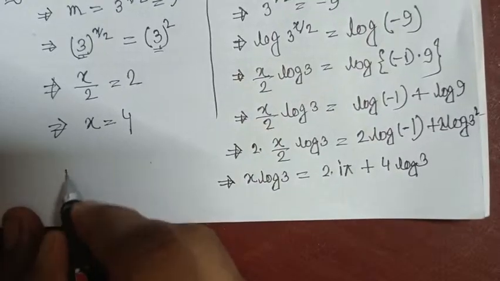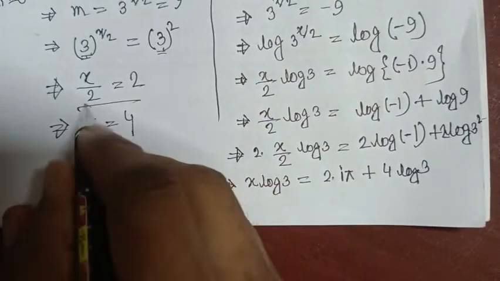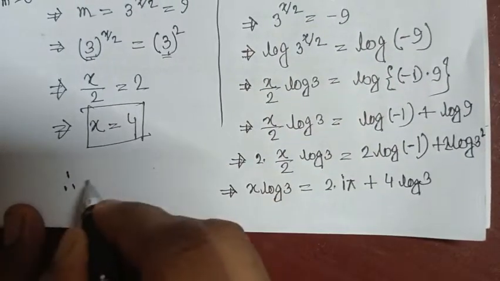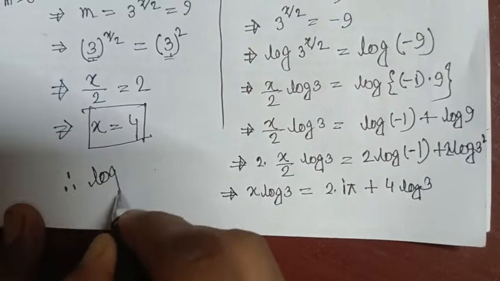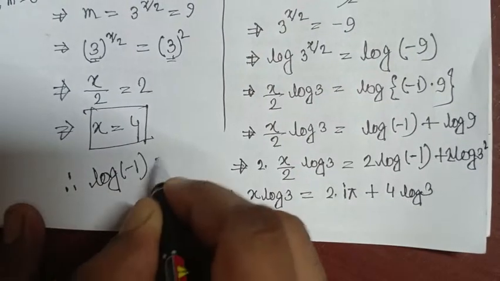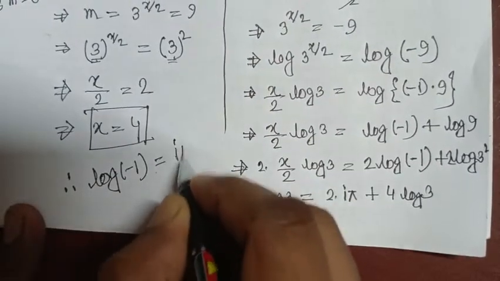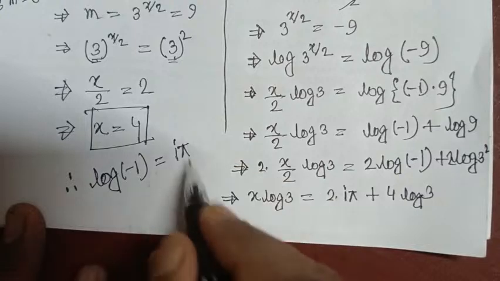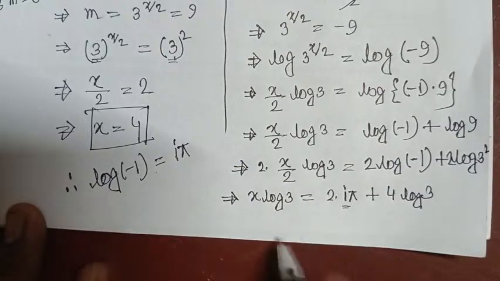Actually, we know that in complex numbers the value of log of minus 1 equals i into pi. So we put this value here.